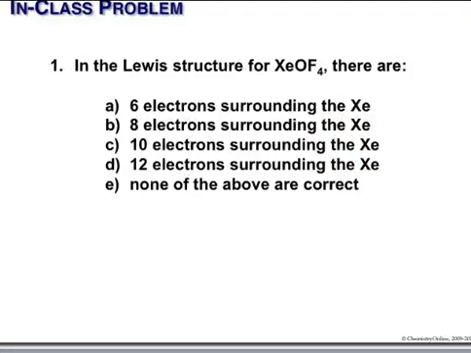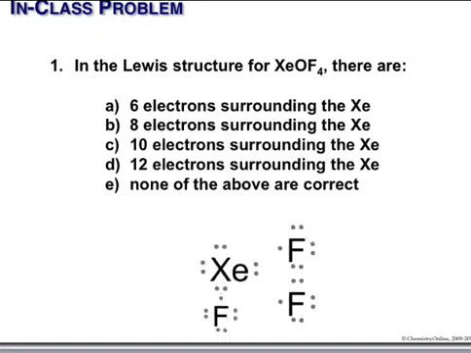How are we going to do this? Well, let's just do it by drawing a Lewis structure, okay? That's the simplest way. Xenon, 8 valence electrons. We have an oxygen, and we have 4 fluorines. Let's just stick them around somewhere. Put our oxygen.